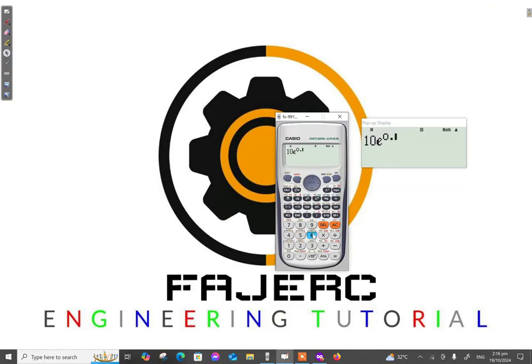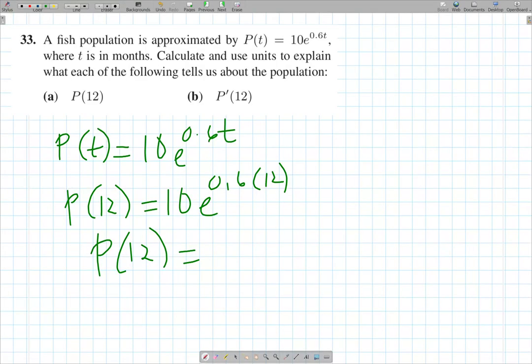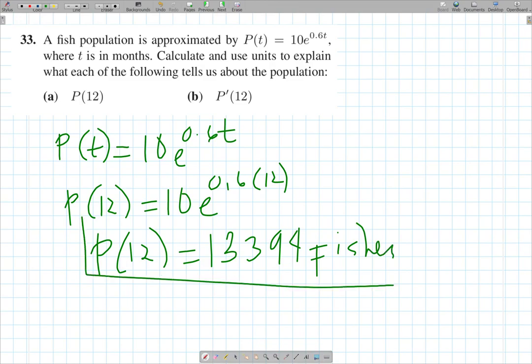Okay, 0.6 times 12. Okay, 13,394. Okay, so round off lang natin, no? 13,394. So, anong unit pieces, no? Yan. 13,394 pieces. Okay? So, yan.